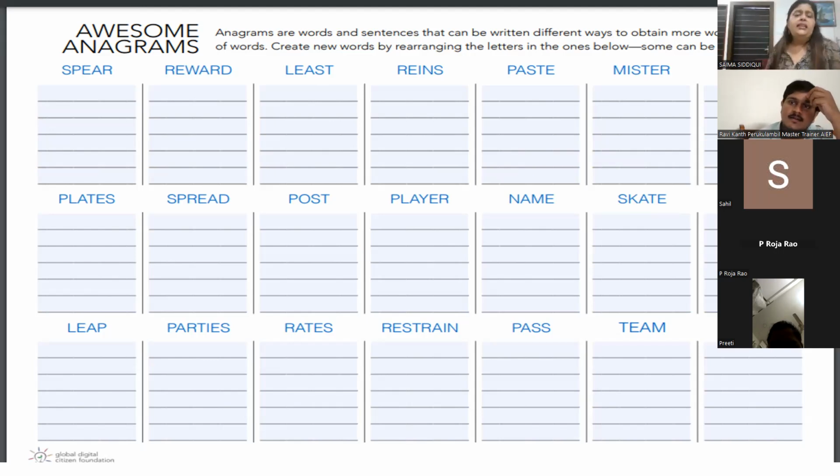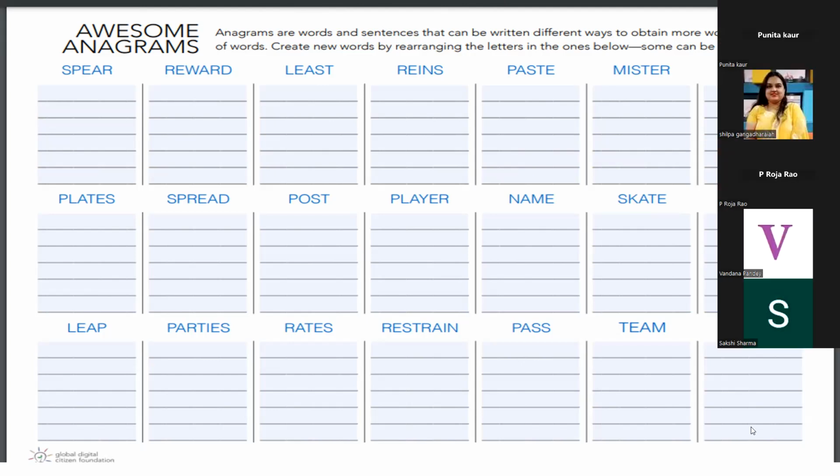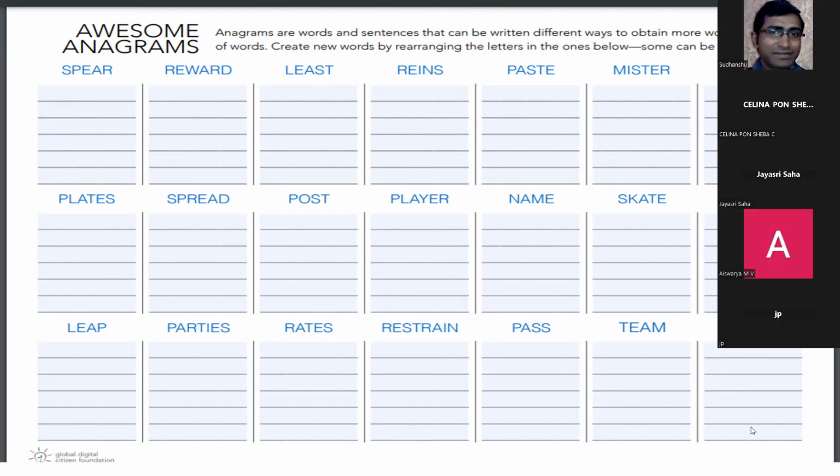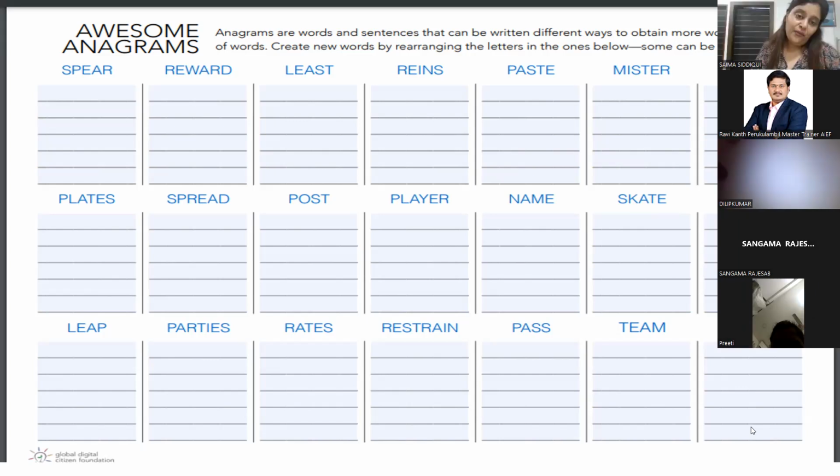Form as many new words as you can. You can skip some of the letters from the word, you can rearrange it, and then tell. Eat, what more words can you form? Eat, okay, lead, as, tea, teat can be formed. Yes, east can be formed. Eat, great. Last, okay.